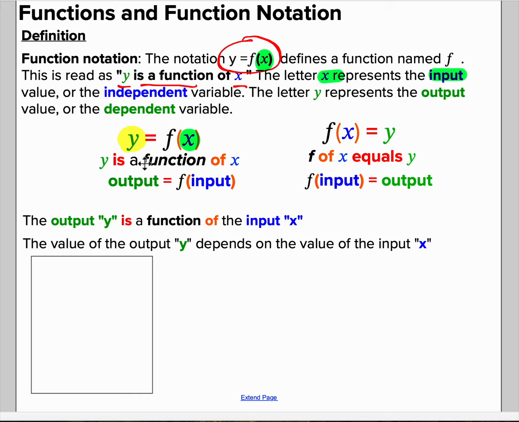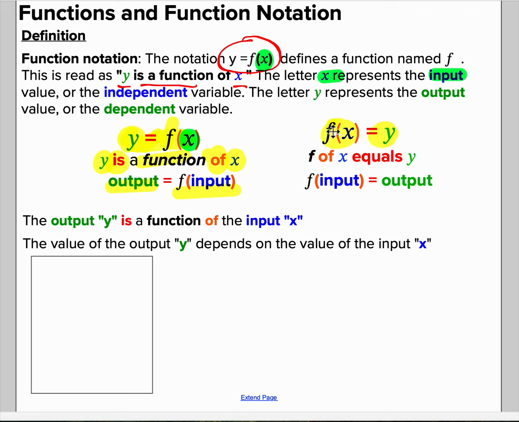So if I want to translate this here, y is a function, that's my f, of is the parentheses, x. And I can also say that y, the output, is equal to f of the input. I can also write it as f of x equals y.